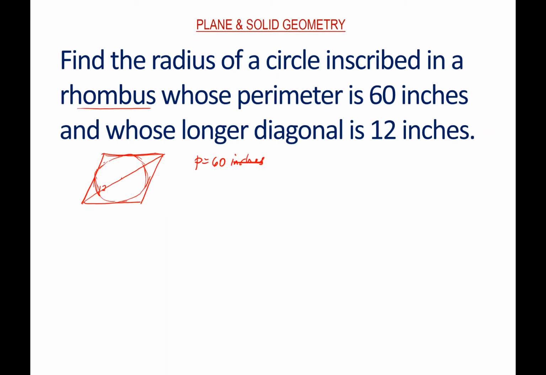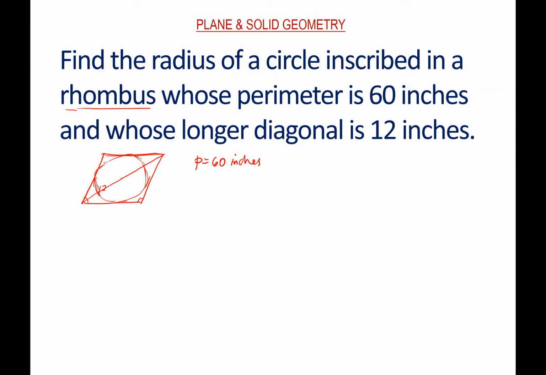Now, having known the perimeter, the rhombus is actually like a square, with equal sides, but the angle here is not equal to the angle here; they are supplementary.